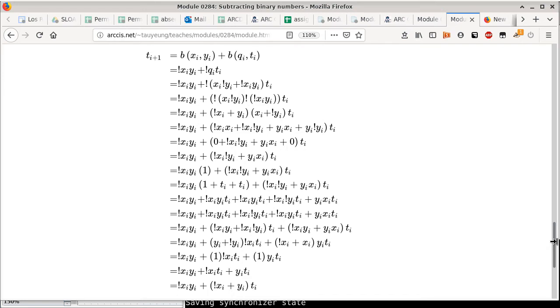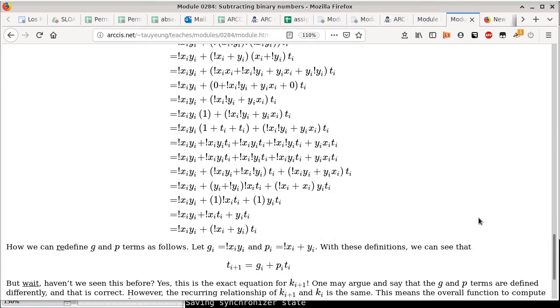But we'll come back and look at this. Given that we are defining t i+1 to be this, I'm redefining g and p this time. If I redefine gi to be not xi, yi, and I redefine pi to be not xi or yi, don't we end up with the same thing that we had before?